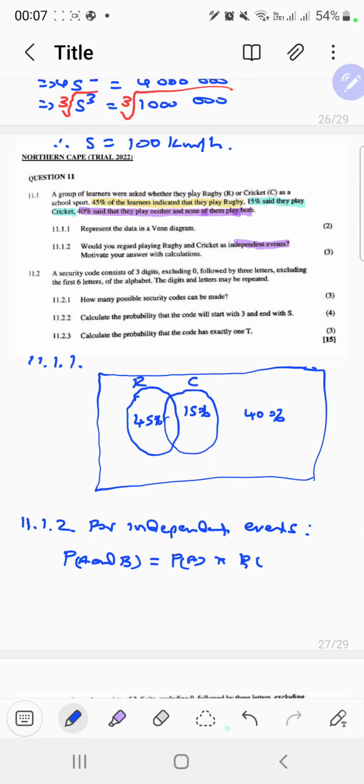Why am I writing A's and B's? We don't have those here. We have rugby and cricket, so P(rugby and cricket) must be equal to P(rugby) multiplied by P(cricket).